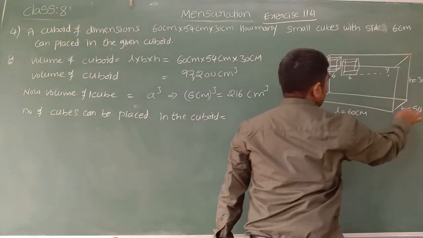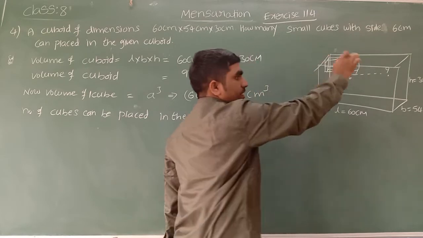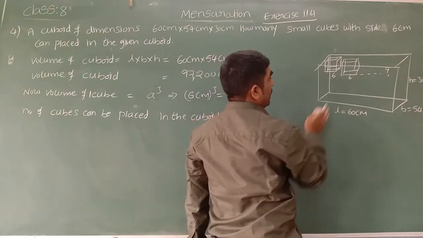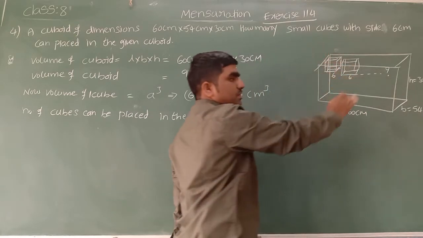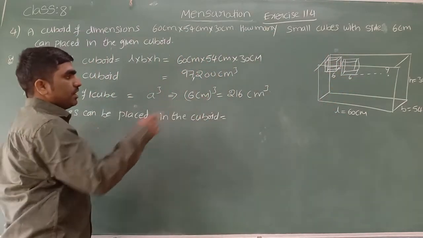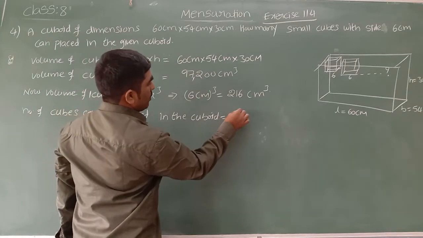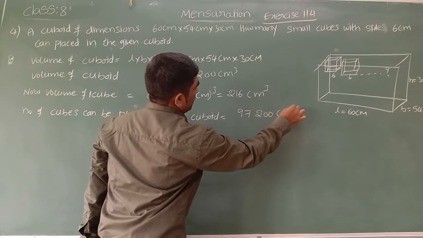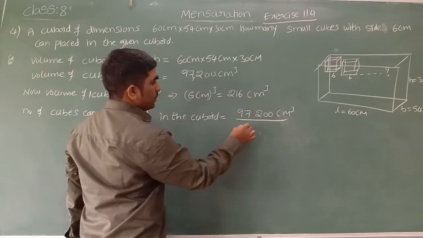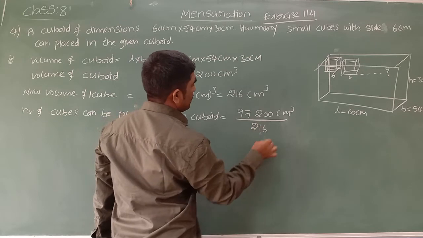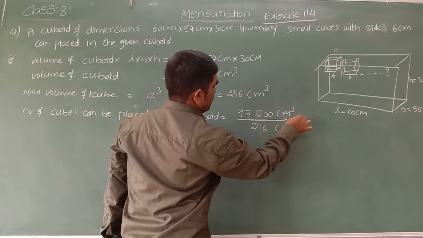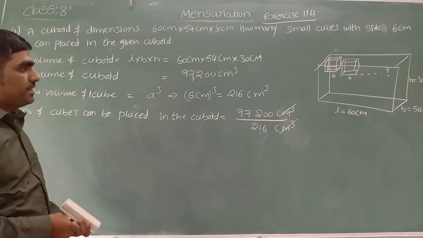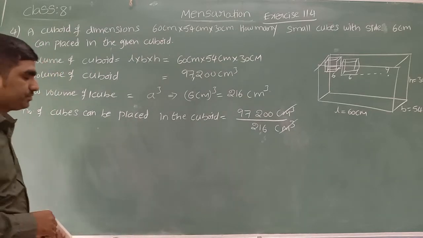Total volume of cuboid divided by volume of one cube gives how many cubes we can place in the cuboid. So what is the volume of cuboid? 97,200 cubic centimeters by 216 cubic centimeters. So divide these two, which gives how many such cubes we can place inside the cuboid.